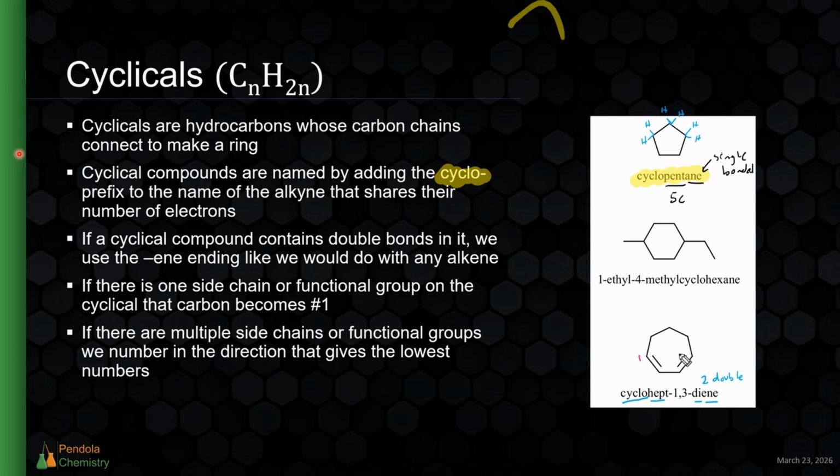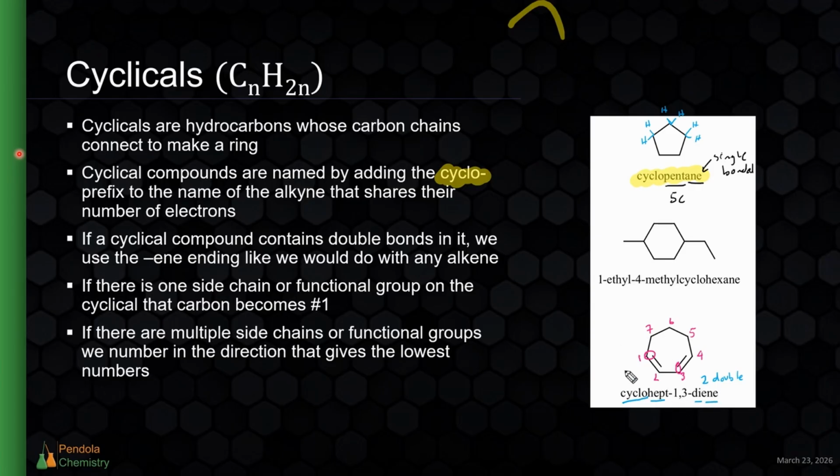If we go around this way, then that's carbon 2, 3, 4, 5. The next double bond wouldn't be until carbon 5. However, if we go around the other way, and we go 1, 2, 3, 4, 5, 6, 7, then if we go this way, the double bonds are on carbons 1, because remember, we number double bonds by where they start, and carbon 3, meaning that we have 1,3-diene.